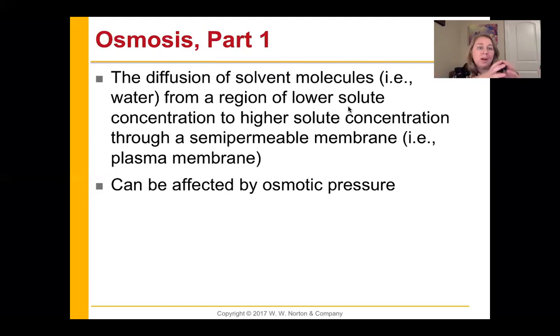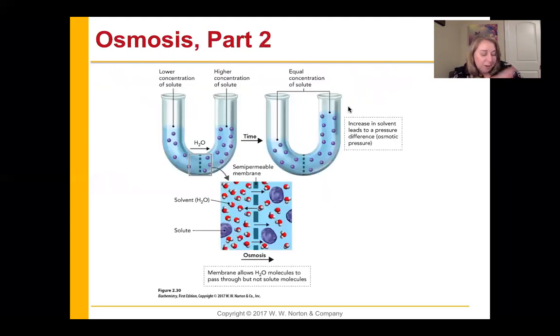And so if you have a semi-permeable membrane, like the plasma membrane of a cell, the water can go in and out depending on the concentration of solutes. So how can the cell regulate that? Well, through osmotic pressure. So let's talk about what osmotic pressure is.